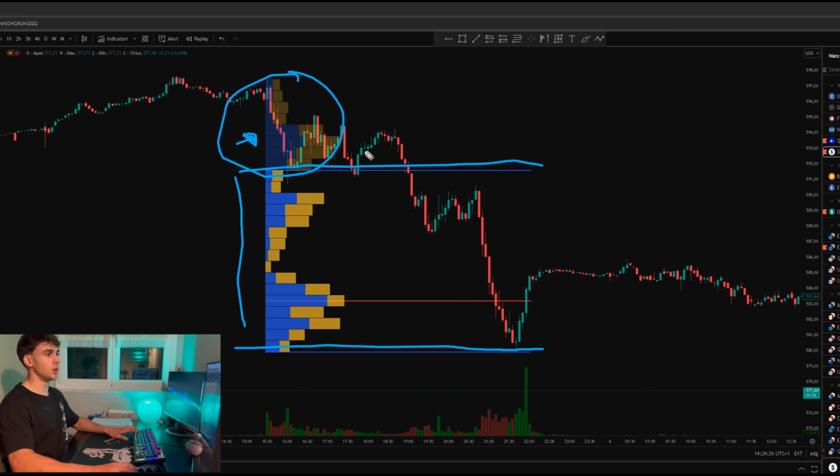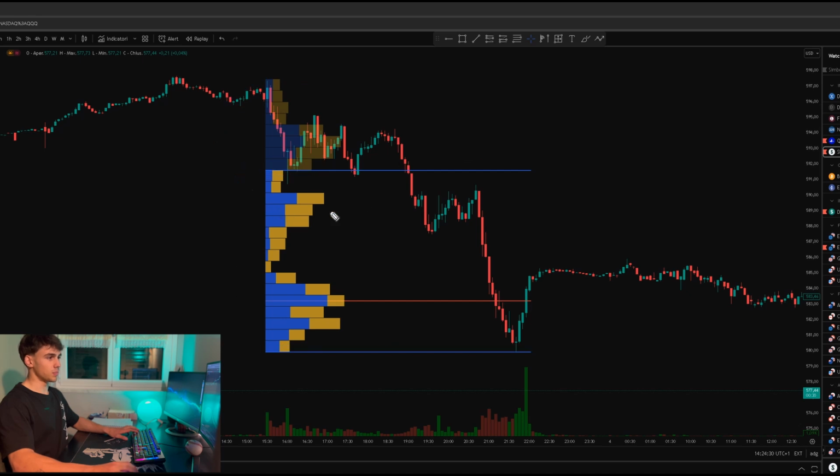It's more shadow. What this means is that the volume profile highlights the value area. This area right here is called the value area and is where 70% of volume develops, right? 70%. So this is the area where the most participation in the market occurred.